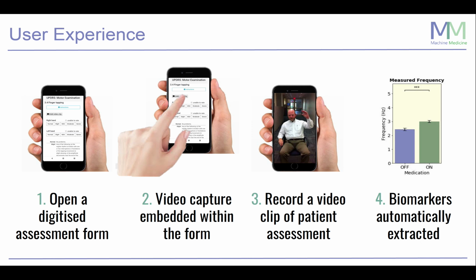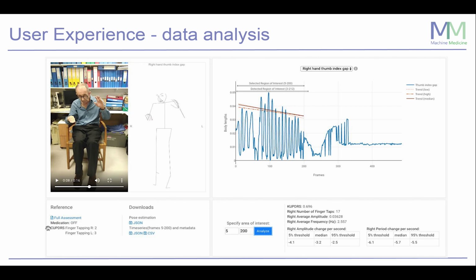You can also see some other clinical features, such as the actual UPDRS, which was given by the assessor. If you want to, you can download any of the data that you might require, or you can specify a particular region of interest and download the features and the data from that particular region.